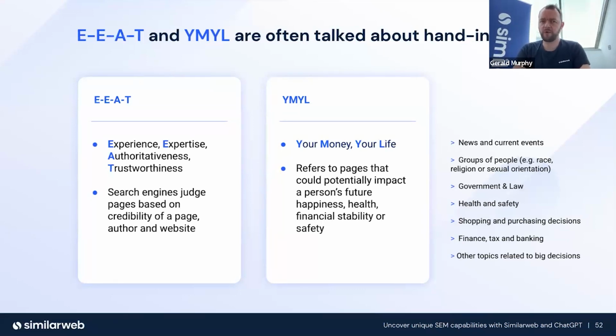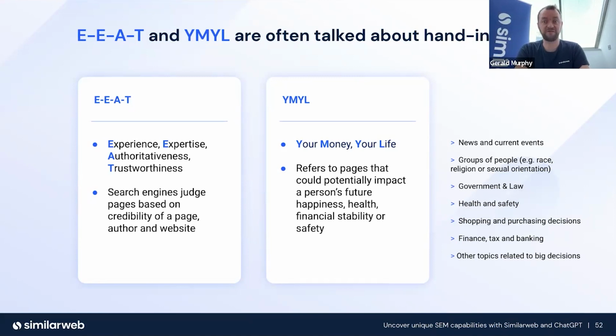There's another really important concept in content marketing, and it stands for your money, your life. And what this basically means is if you're writing any content that can impact a person's wealth or lifestyle, that website is going to get a lot more scrutiny of search engines. So in other words, it's going to look for things like how authoritative is this?